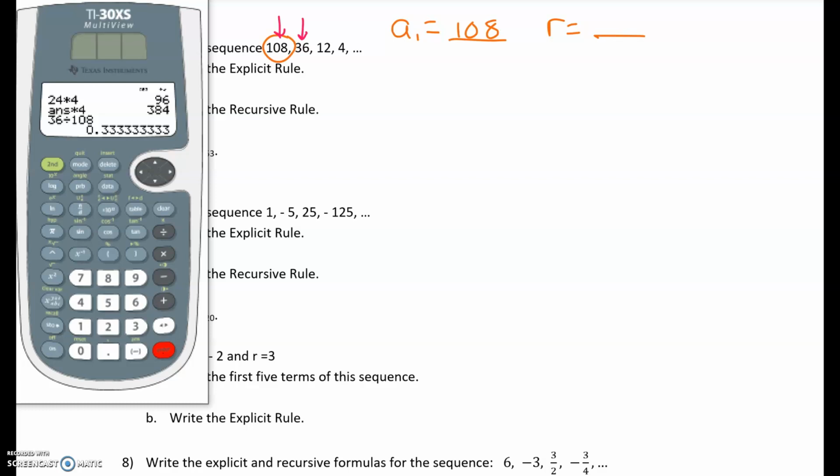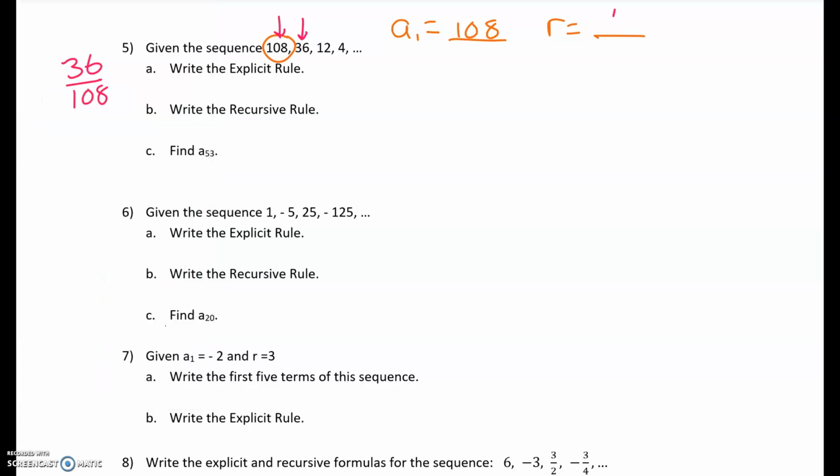Now, I don't want to write that because if you write it, you're going to round it to one of those decimals, and that's going to change it. So the best form here is going to be to make it a fraction. So hit the button above the enter key to make it that fraction. I want the exact number. I don't want a rounded number. So my common ratio here is 1/3.